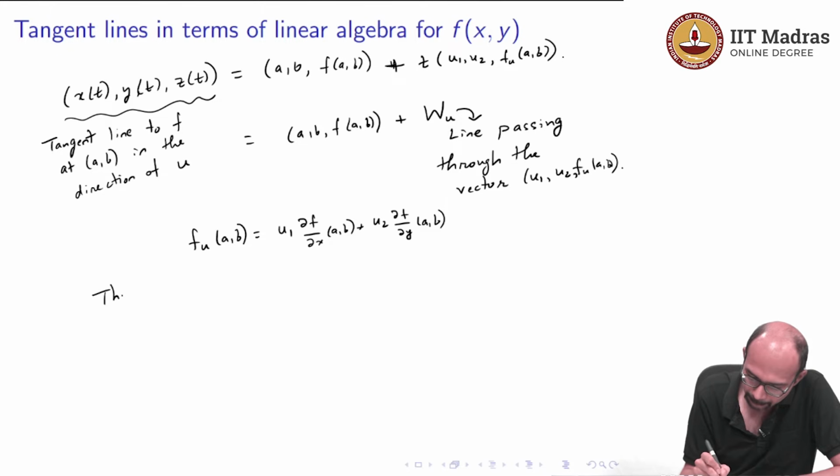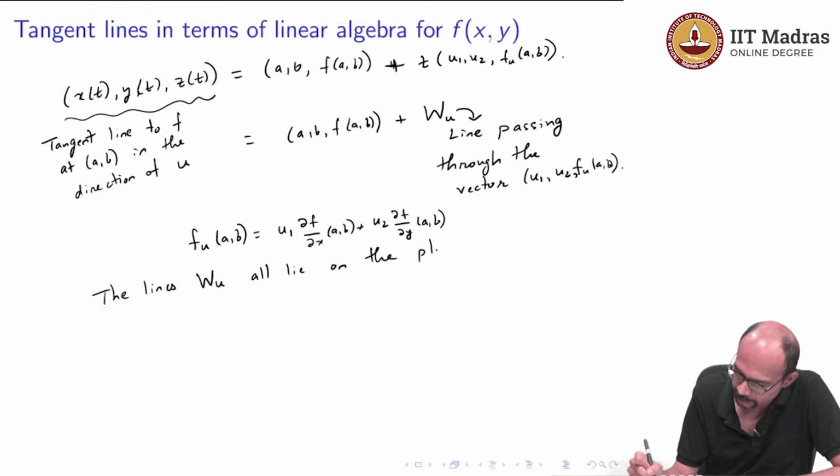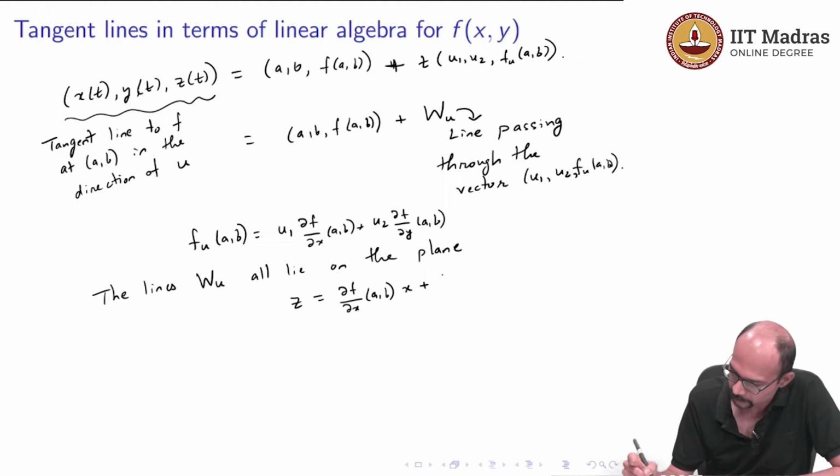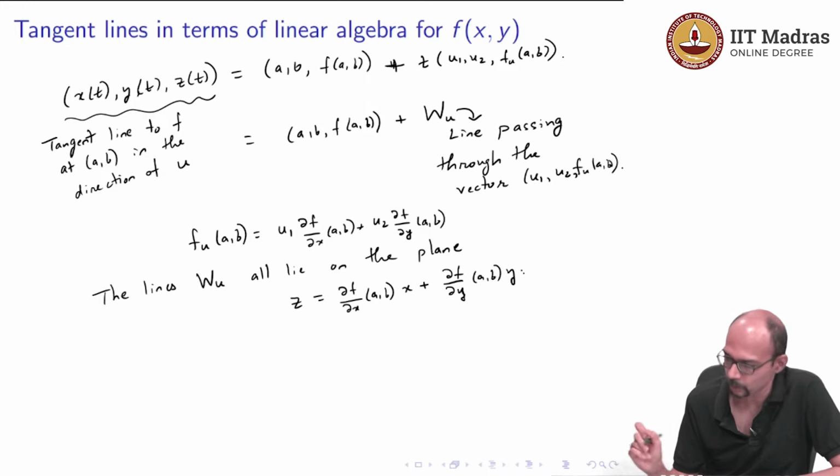the lines W_u all lie on the plane z is equal to del f del x at (a, b) times x plus del f del y at (a, b) times y.